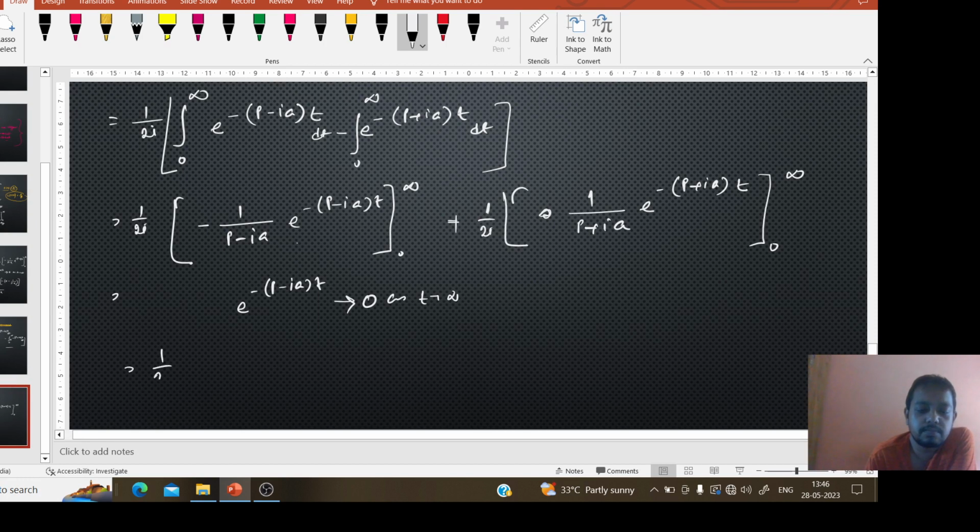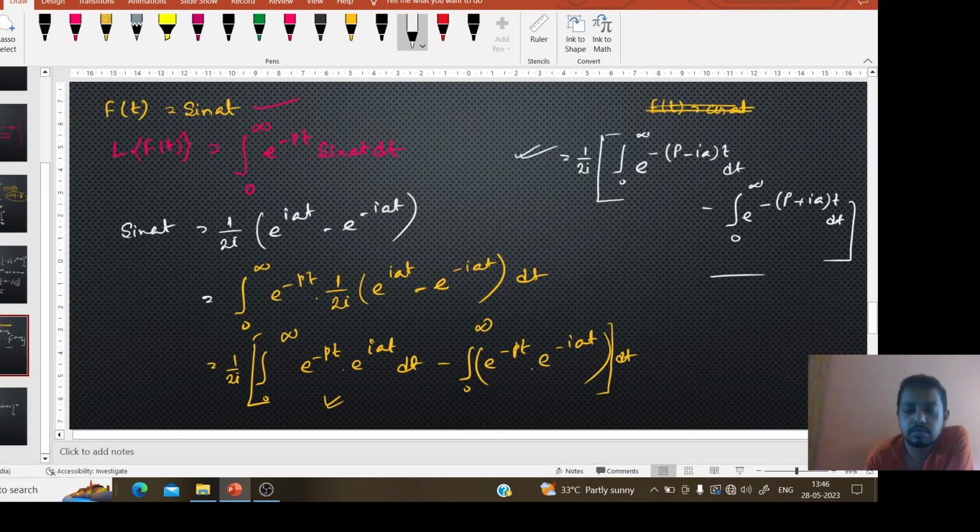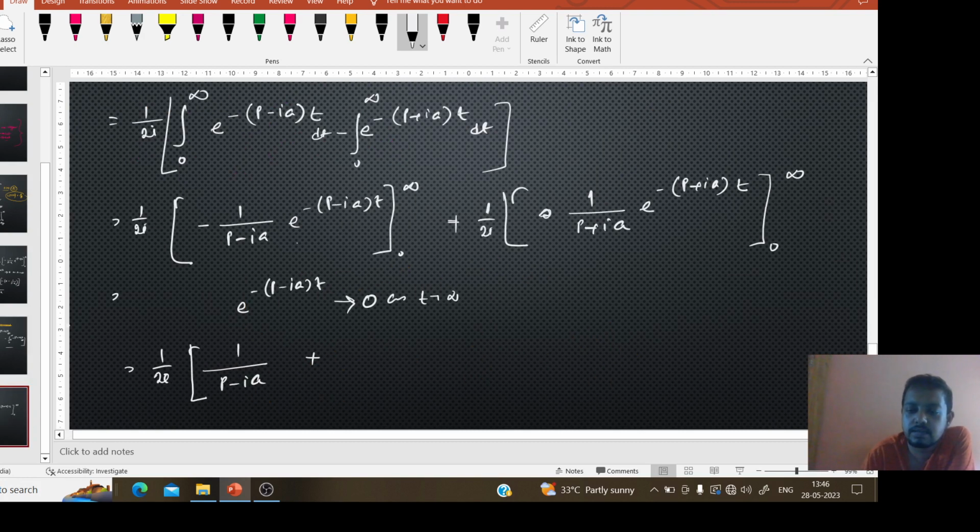So you will get 1 by 2i. And now if you put the upper limit and lower limit, this will be 1 by (p minus ia), and this will be minus, yeah, sorry, plus, and if we put the lower limit here, it will be minus 1 by (p plus ia).